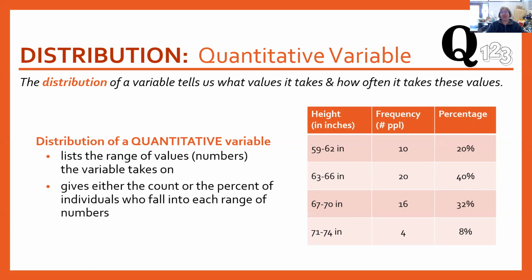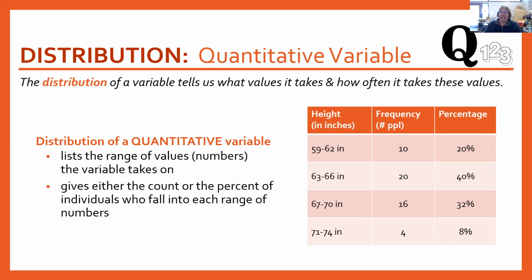Suppose I ask 50 students how tall they are. And so I get a series of heights in inches. In order to break that up, I need to look at what my smallest height is and my tallest height is. So suppose that my shortest person in my group is 59 inches. Then the first subgroup that I'm going to make starts at 59 inches. And in this case, I'm going to go every 3 to 4 inches.